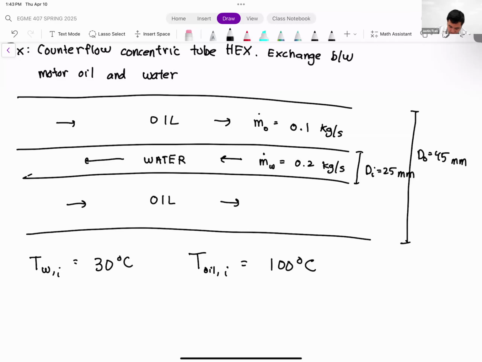So in this case, what we want to do is compute the length of heat exchanger necessary.